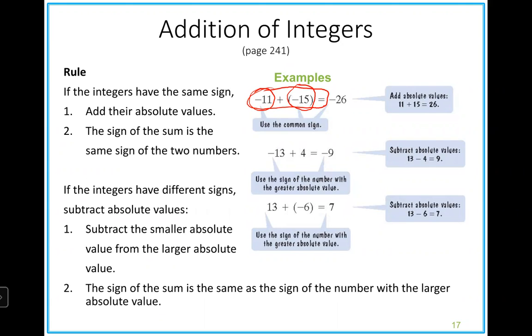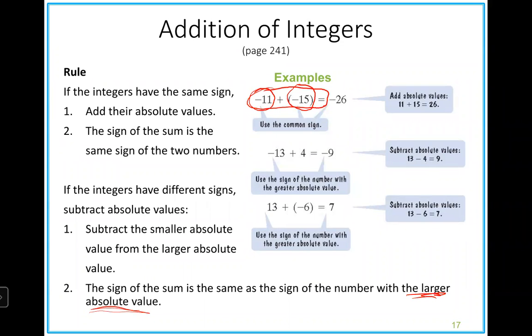Now, if the integers have different signs, then you have to subtract the absolute values. And once you subtract the absolute values, the sign is the same as the sign of the number with the larger absolute value. So that's the rule for when the signs are different.